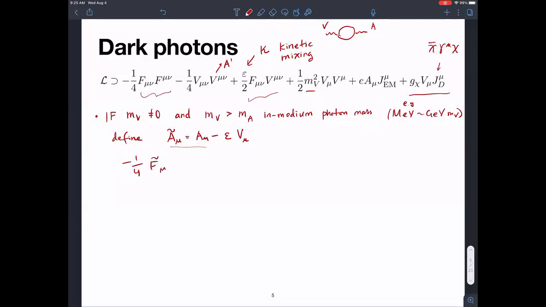So basically we would get just decoupled kinetic terms plus, well, this mass remains the same.